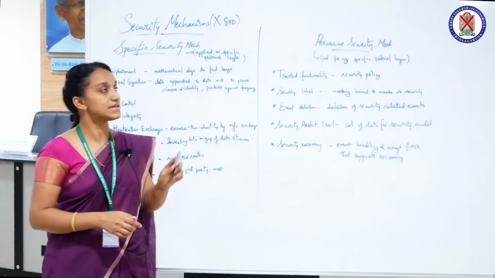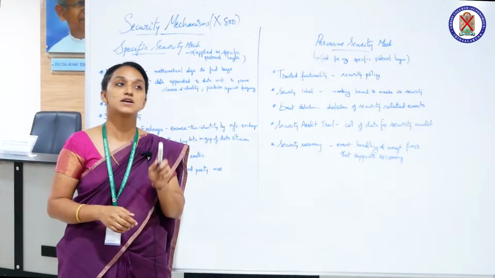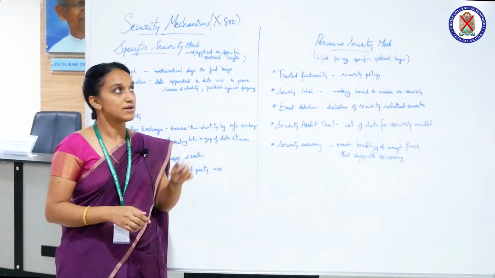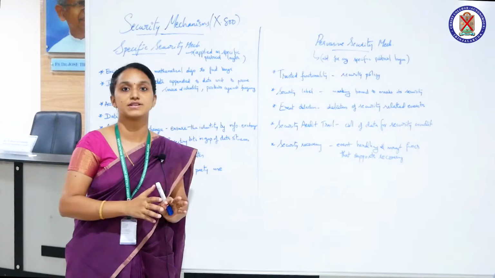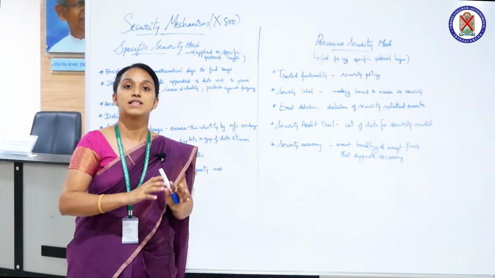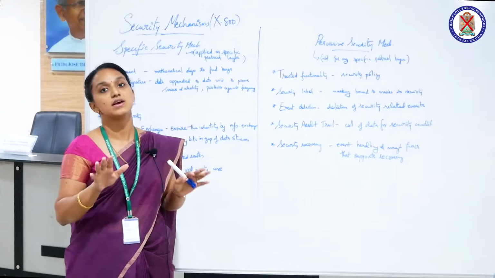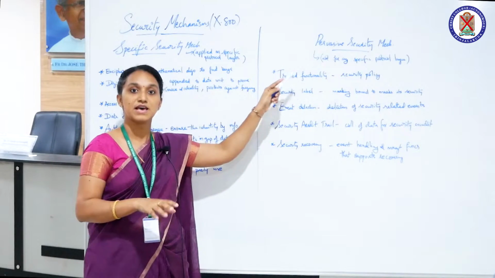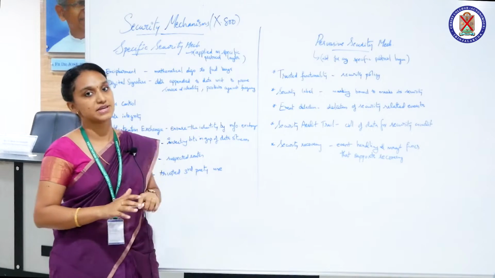As the term indicates, specific security mechanisms are applied on a specific protocol layer. But in case of pervasive, it's not for any specific organization or any specific layer. It is general. So some general mechanisms can be comprised under the term pervasive, and some specific mechanisms can be termed specific security mechanisms.